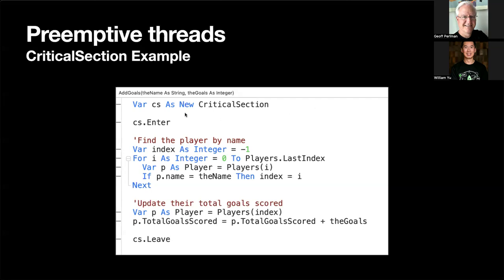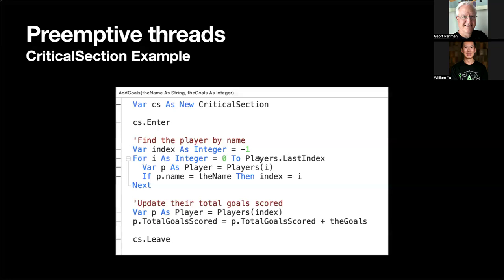The way we use a critical section is you create one as an object. You can see that at the top. Then you call the enter method. That causes the protection that it provides to start. And then in this case, it's simply finding the player by name and then updating their score. And then at the end, you can see that we call the critical section leave method.